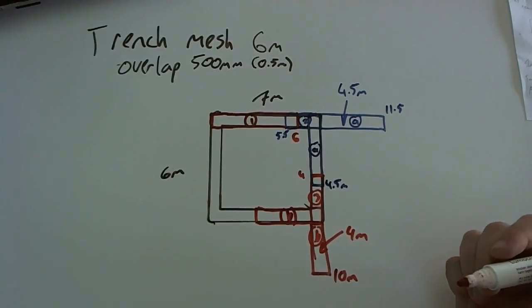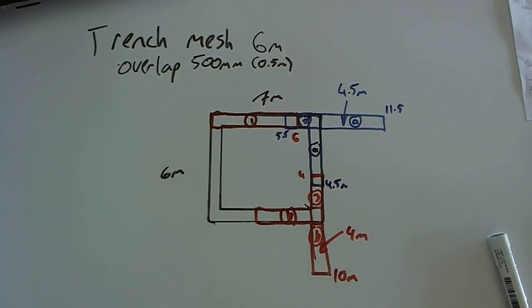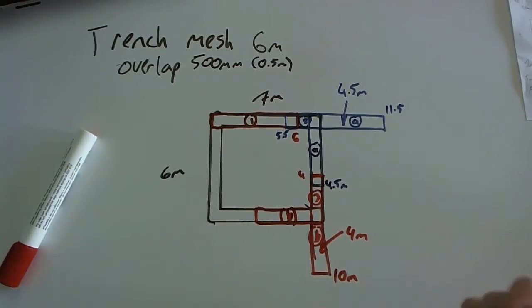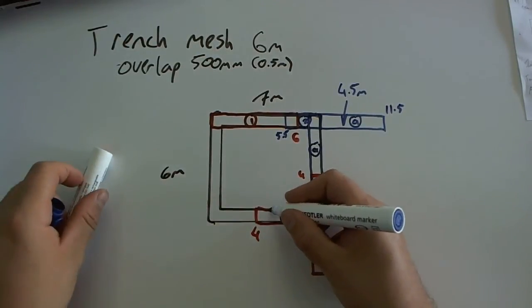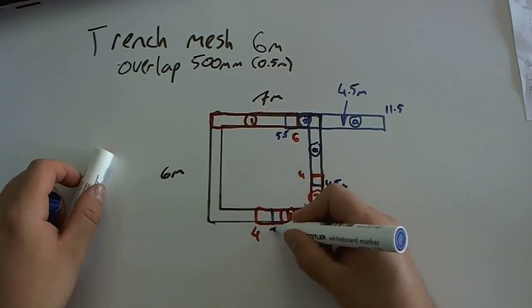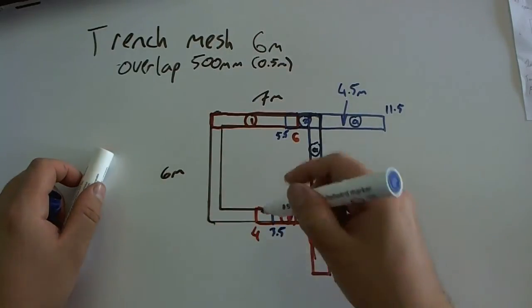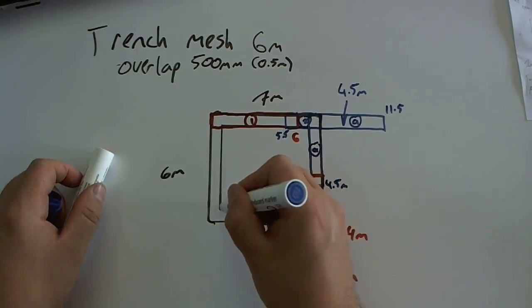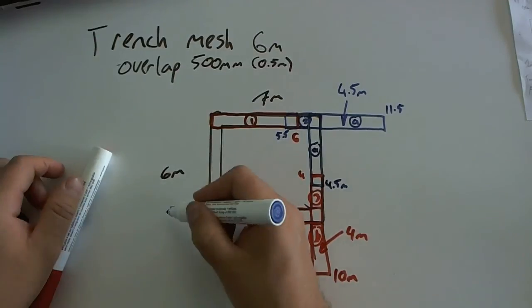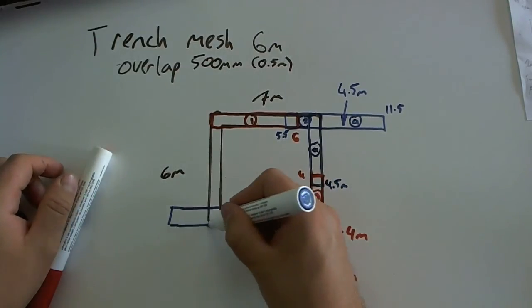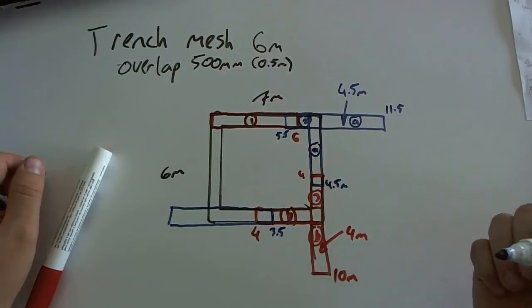Then I need to add a new sheet. So I got 4 meters up the slab, go back half a meter, I'm at 3.5. I add on my next sheet, which is going to hang over the edge that far.